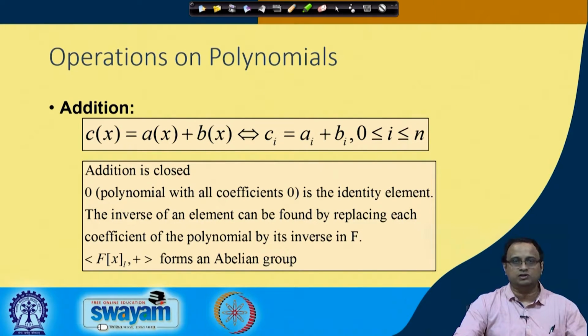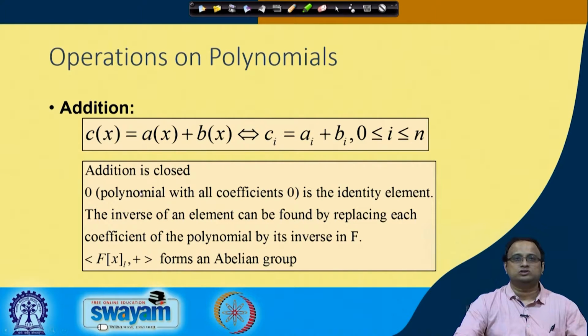We have two polynomials a(x) and b(x) with coefficients from a_0 to a_{n-1}, and we start adding them coefficient by coefficient. So the addition is very easy to understand: it is closed. That means if I take two polynomials and add them, the result also belongs to the field. In that sense, the addition is closed.